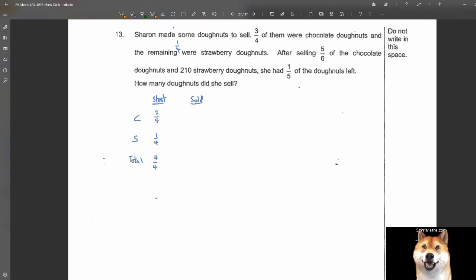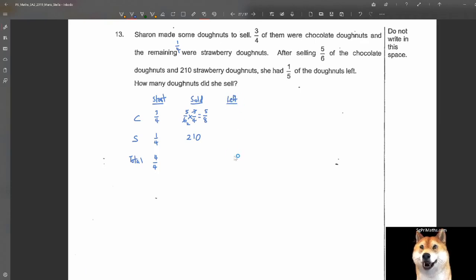So 5/6 of the chocolate donuts was sold. So 5/6 of the 3/4 will give us 5/8. So 5/8 of all the donuts were sold. 210 strawberry were sold.